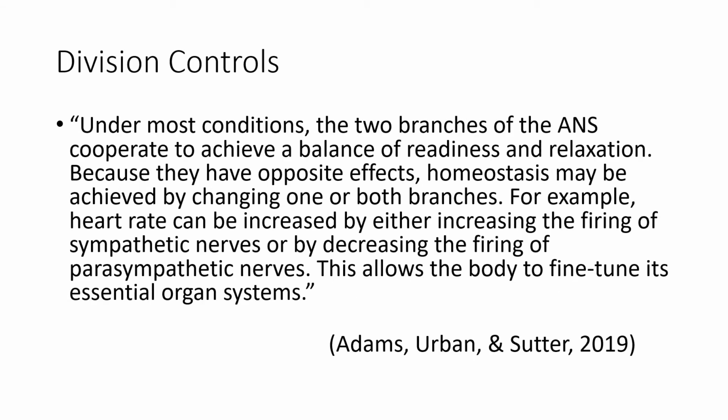Okay, so division controls here. So here's a bit of a quote. Under most conditions, the 2 branches of the autonomic nervous system cooperate to achieve a balance of readiness and relaxation. So it's not an on-off, it's a balance of both. One might be a bit higher, one might be a bit lower. Okay, and because they have basically opposite effects, sometimes they don't have total opposite effects, but for the most part, they have opposite effects.